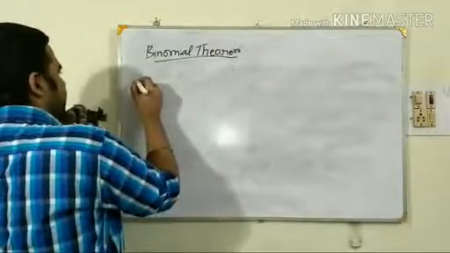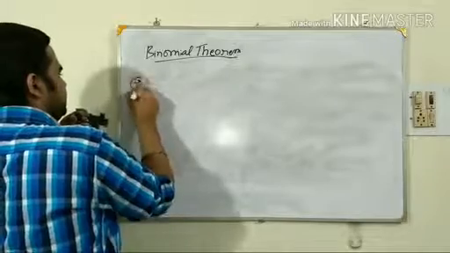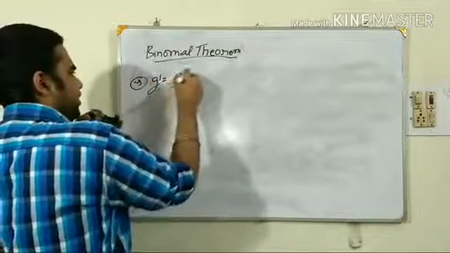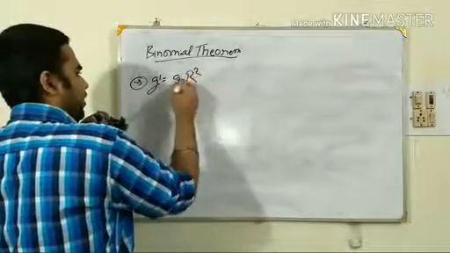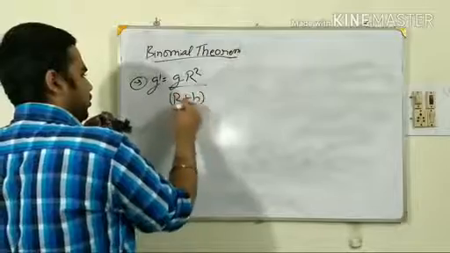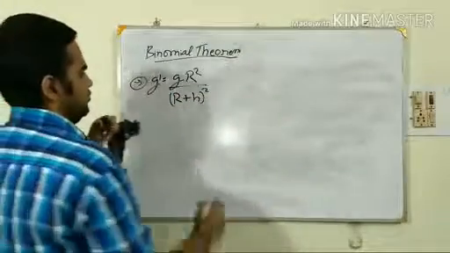Our given equation was g dash is equal to g capital R square upon R plus h whole square.